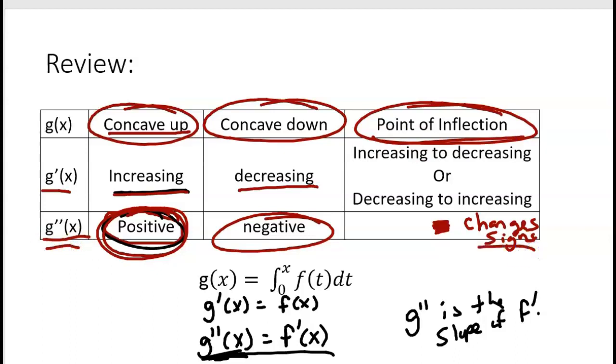Well, if the second derivative, which is the slope of the first derivative, is changing signs, that means that g prime is going from either increasing to decreasing or from decreasing to increasing, which means that it's potentially either a relative max or a relative min of g prime, right?